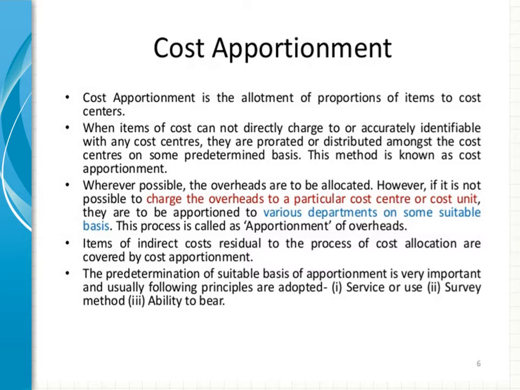In allocation we charge the whole items of cost directly. In apportionment we charge a proportion of the cost incurred by that particular department. When we are not able to identify costs directly or accurately to the cost center, the proportionate amount is charged to the cost center and cost unit on some predetermined basis. This is known as apportionment.